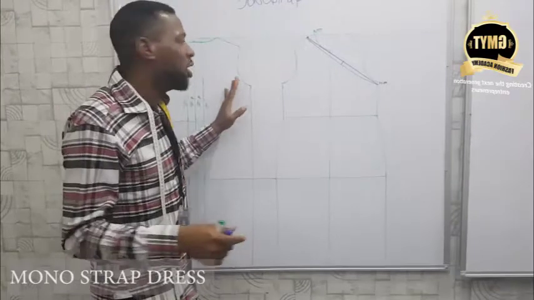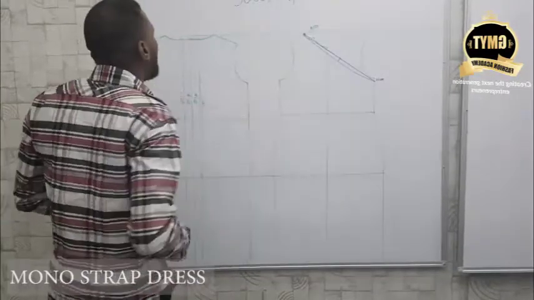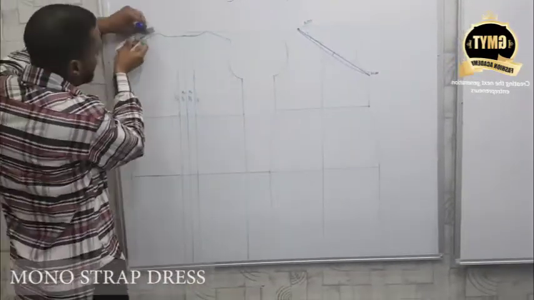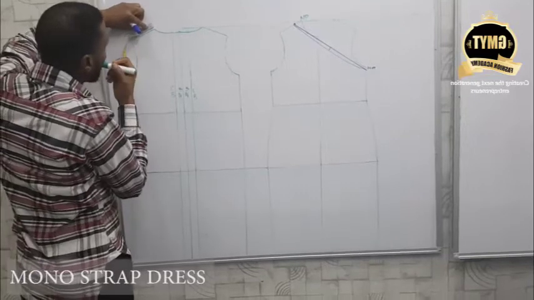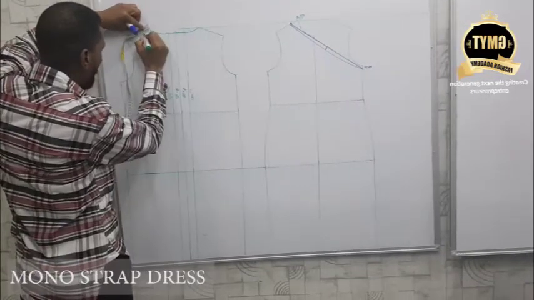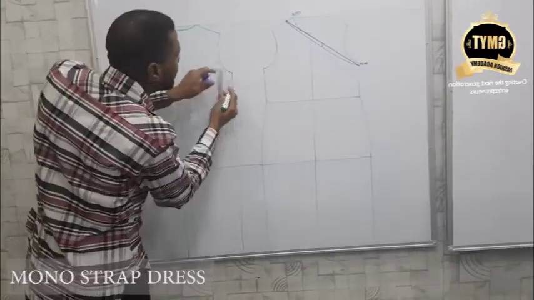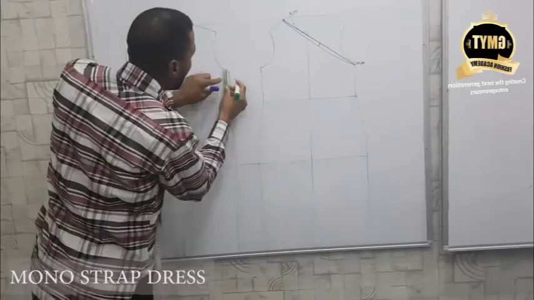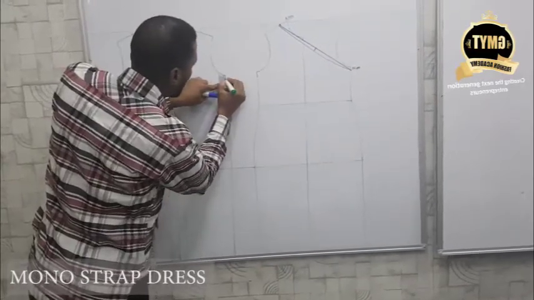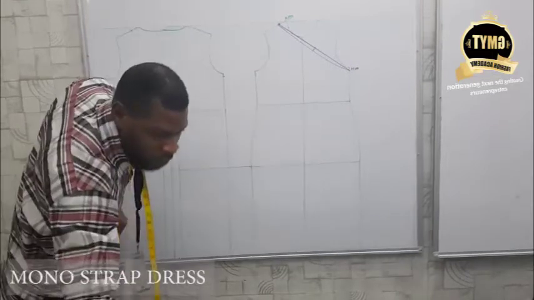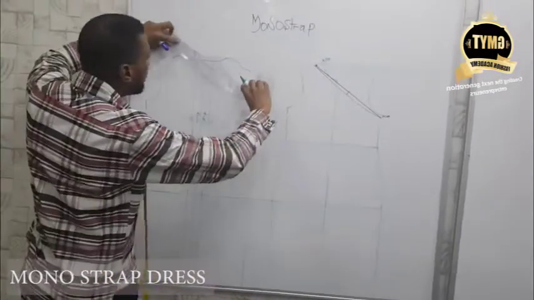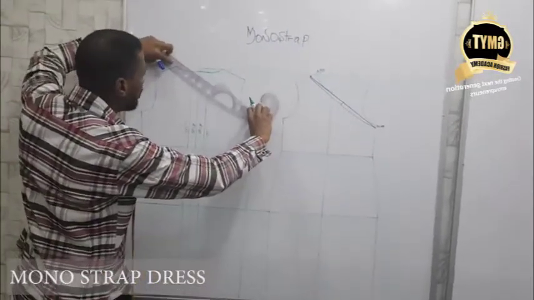I hope you're with me. So now I went in 3 cm here, so I'm going to do the same thing here. Go inward 3 cm. Then do the same 1 cm that you came down here. 1 cm.